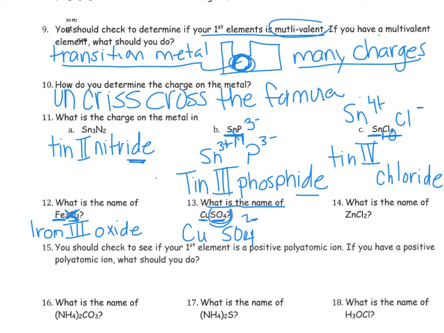And I have copper over here. Now, this guy is stuck together, right? And here we have, again, a 1-to-1 ratio. So that tells me that that was copper with a +2 charge. So I have copper 2, and then for this guy, I just look up his name, and it was sulfate.